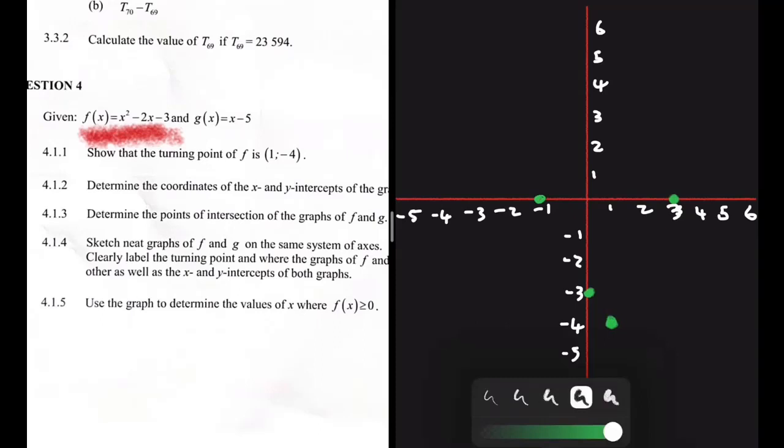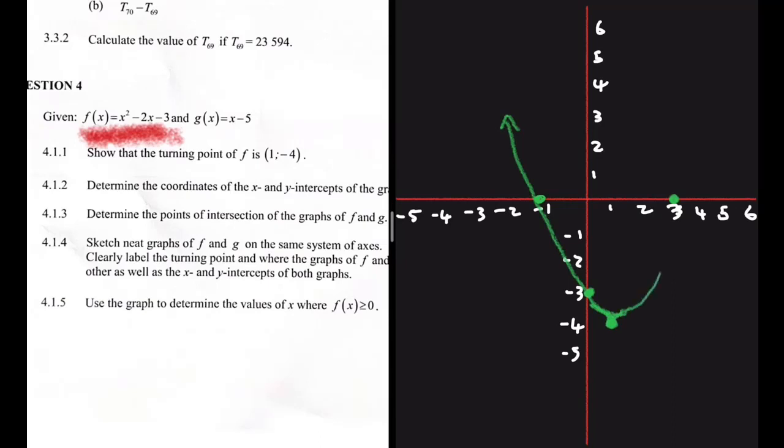So now let's go ahead and sketch our graph. I think we have all that we need. So let's see what we're going to have. We're supposed to turn there at y is equal to -4 and then go up to x is equal to 3. So we need something like this, right?